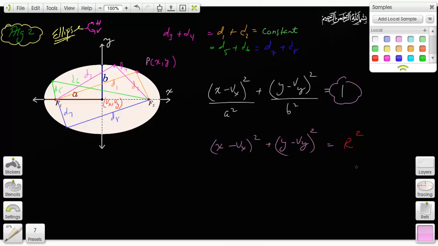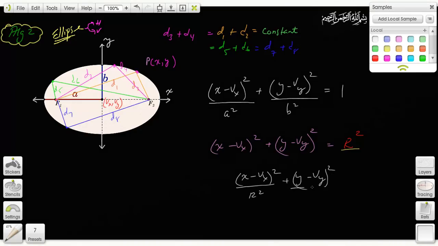Now, if you were to divide the circle equation by r squared, in other words, if you divide the whole equation by r squared, then you would get x minus Vx squared over r squared plus y minus Vy squared over r squared equals 1.